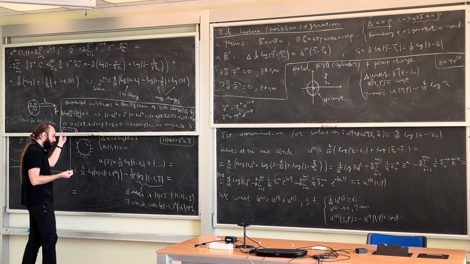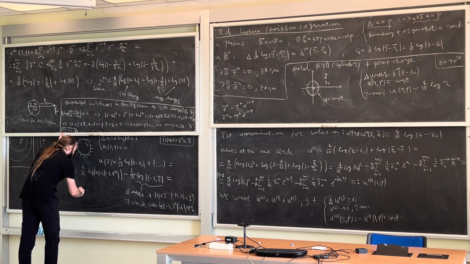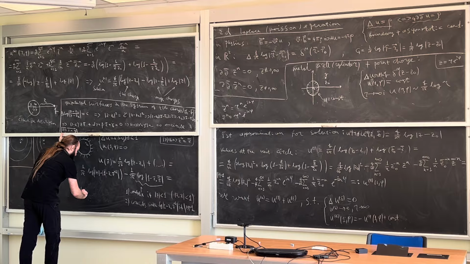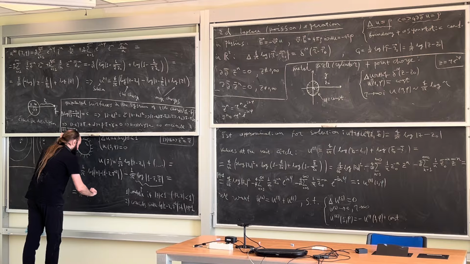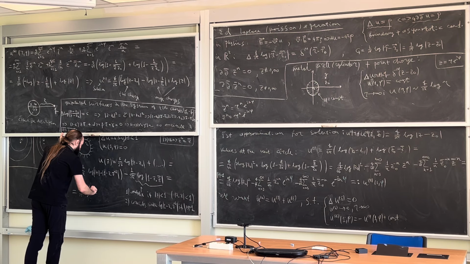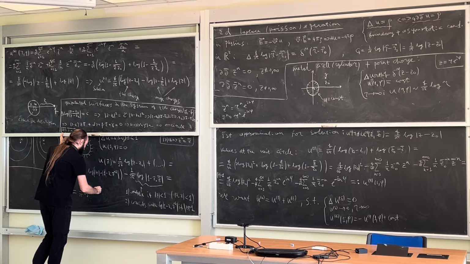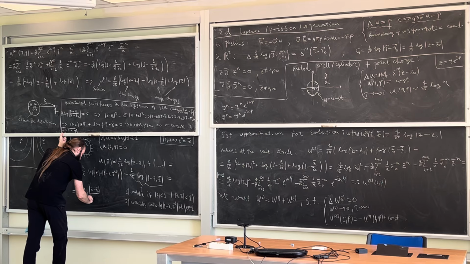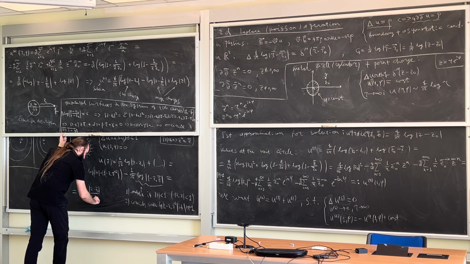So altogether, this equals 1 over 2 pi logarithm of absolute value of z minus z0 over absolute value of 1 minus z bar times z0.